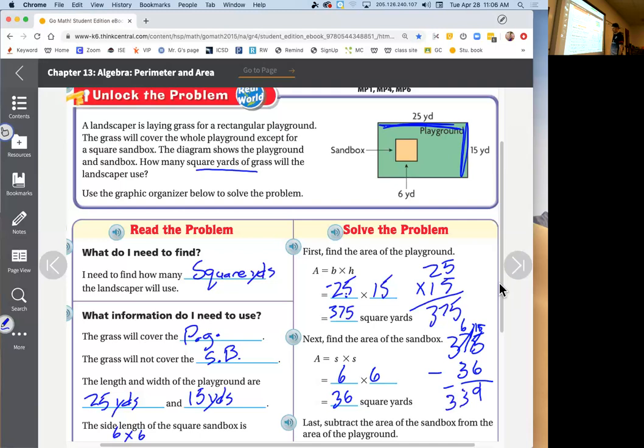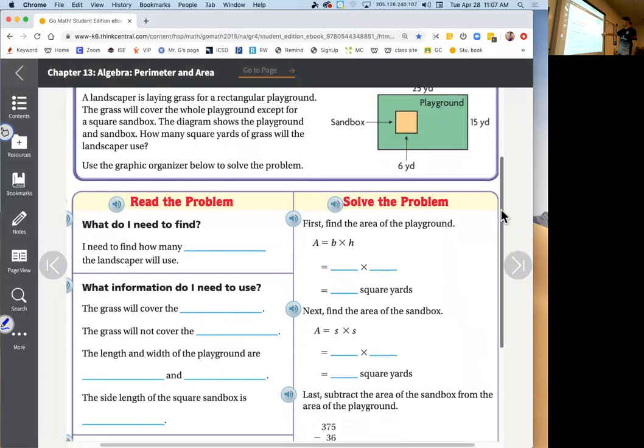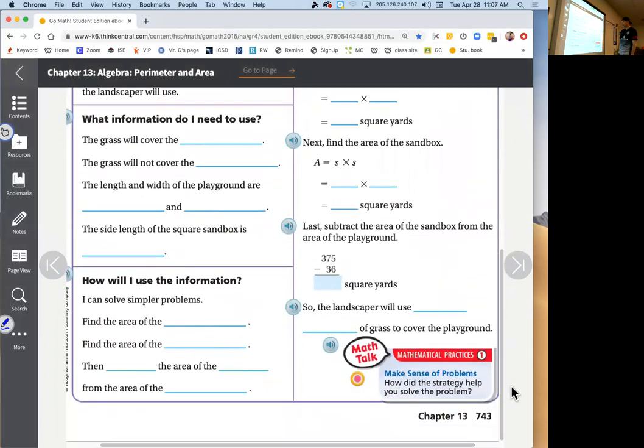So we have 339. This whole area that is just grass is 339 yards. We're dealing with length and width, so it is going to be squared. 339 yards squared. That's it. Very similar to what we've been doing.